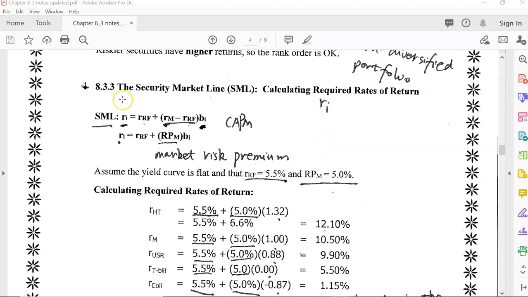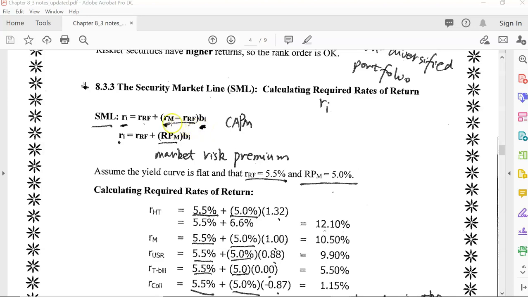Okay, security market line uses the same equation as capital asset pricing model, CAPM. Stock return, Ri, equals risk-free rate plus market risk premium, market return minus risk-free rate, multiplied by beta.